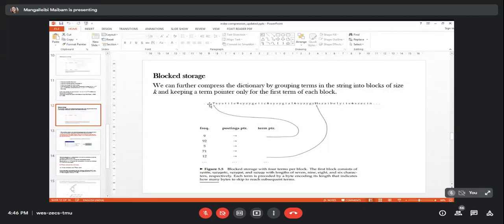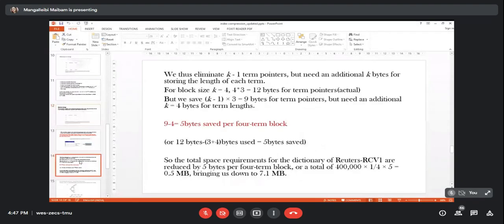The number of characters, the corresponding byte, has been written in front of the terms. So we need additional bytes for storing these numbers. That is what is said here: we need an additional k bytes for storing the length of each term.